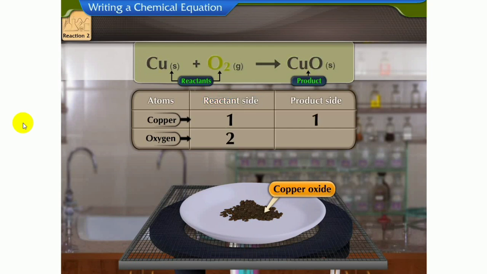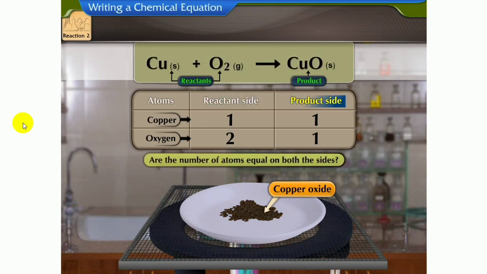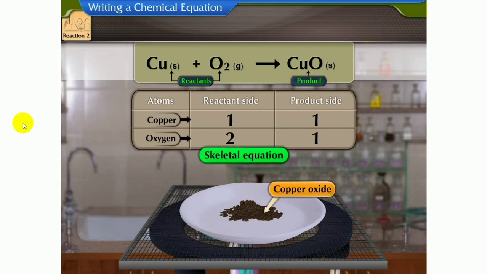But there are 2 oxygen atoms on the reactant side and only 1 on the product side. Are the number of atoms equal on both sides? No, they are not. Such an equation is called a skeletal equation. Equations which represent a chemical reaction but are unbalanced are called skeletal equations.